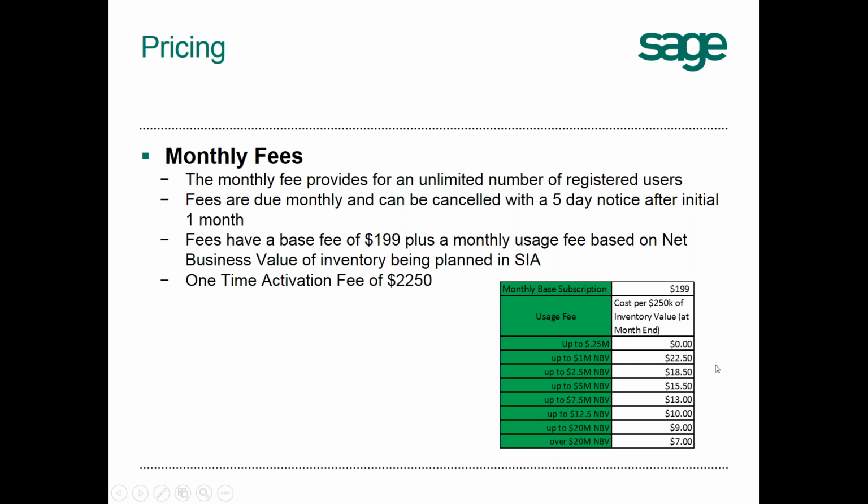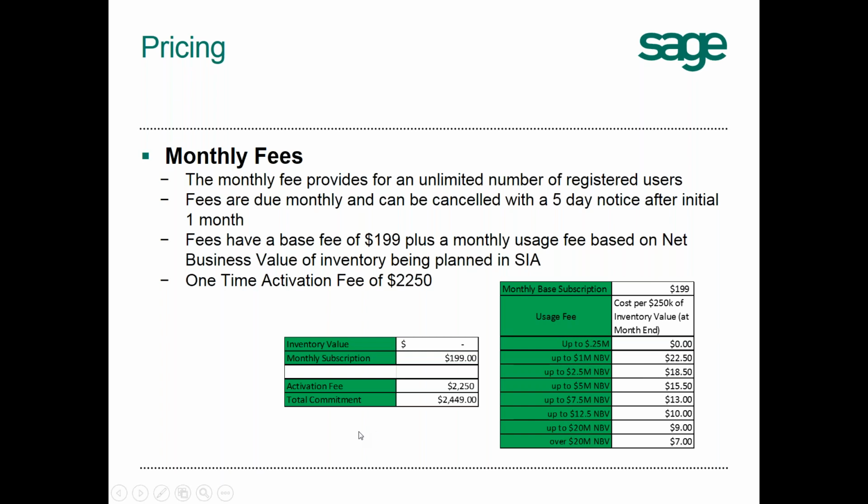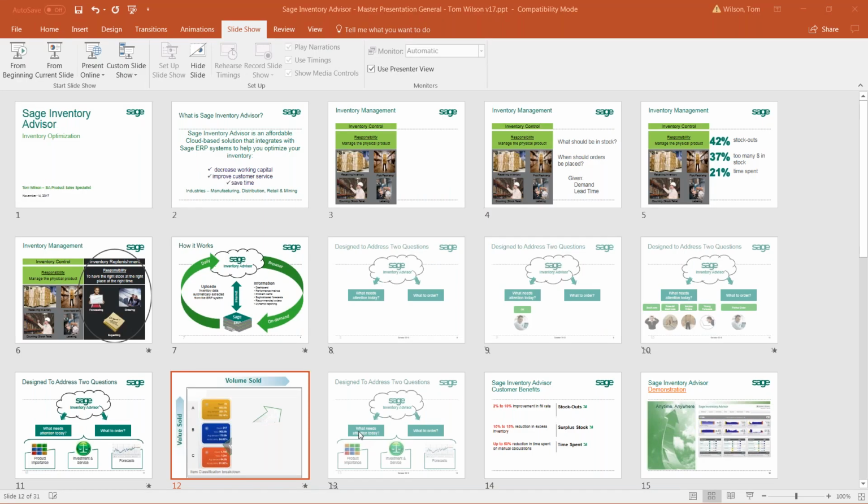And it's based on a rate for every $250,000 of inventory you're planning in the tool. And that rate goes down as your inventory value goes up. So as an example, if you had $5 million of inventory, the rate would be $15.50 for every $250,000. If you had $1 million, it would be $22.50. So let's just put in an example. This is a calculator, so let me go run it.